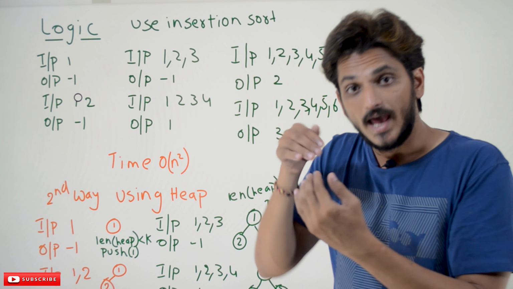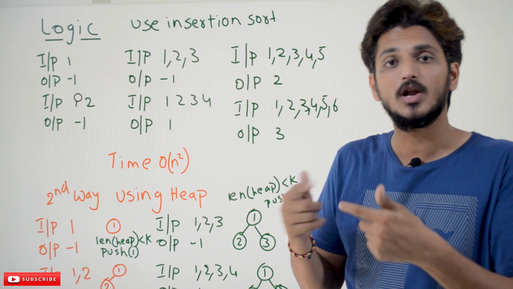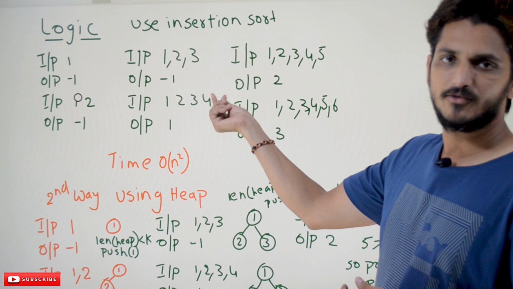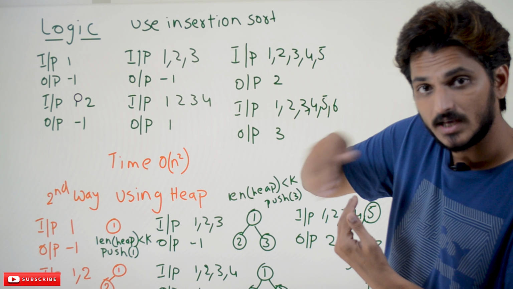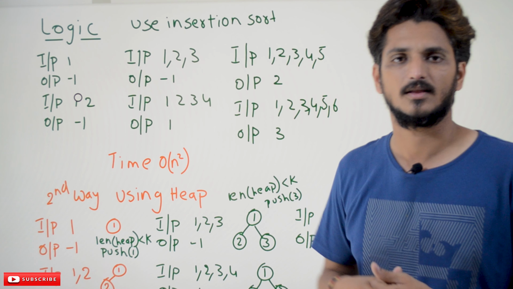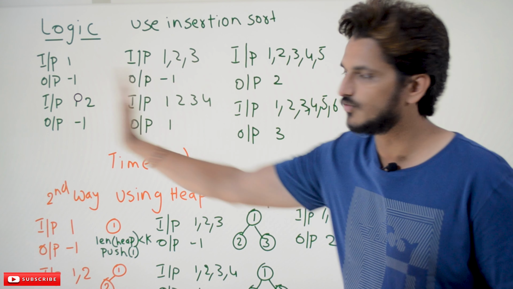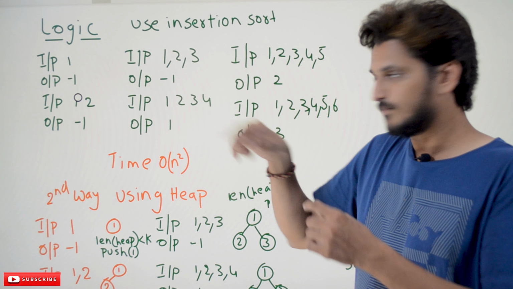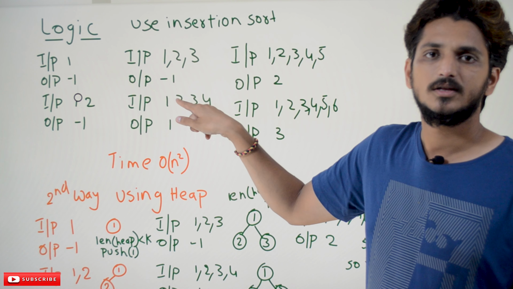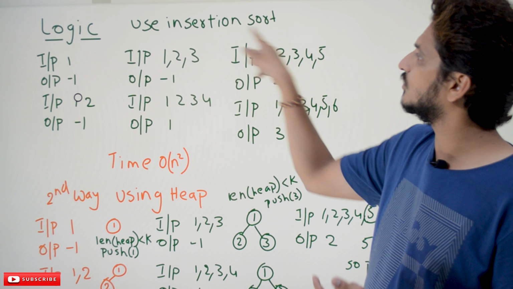Insertion sort will help you a lot here. If you get a new element 4, you have to arrange them in ascending order. This is how insertion sort works. Check the back elements and place this 4 at the exact position. That's why insertion sort works here.